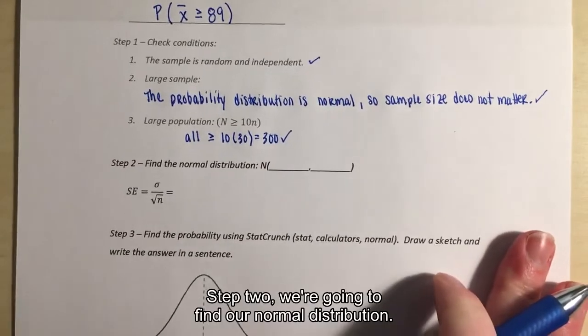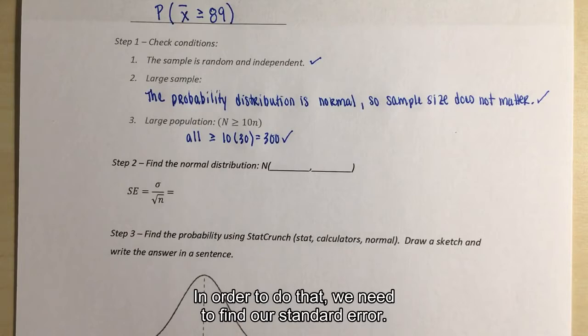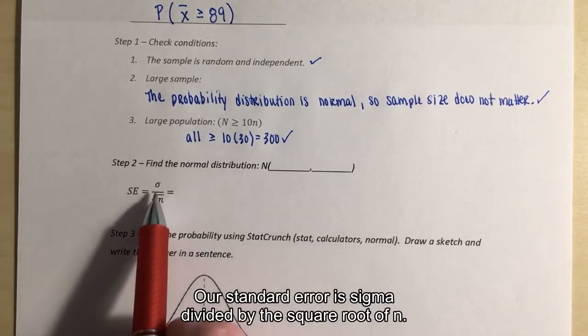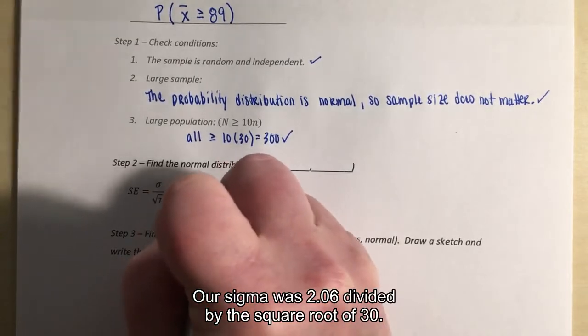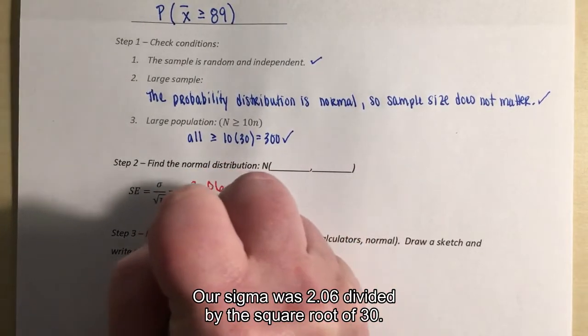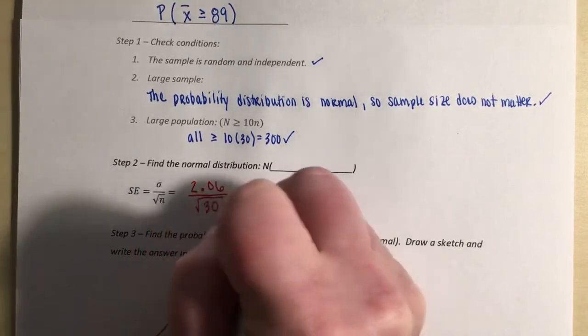All right, so step 2, we're going to find our normal distribution. In order to do that, we need to find our standard error. Our standard error is sigma divided by the square root of n. So our sigma was 2.06 divided by the square root of 30.